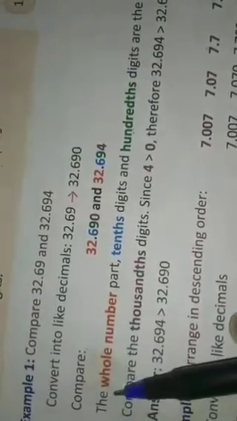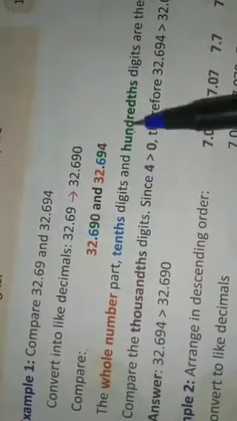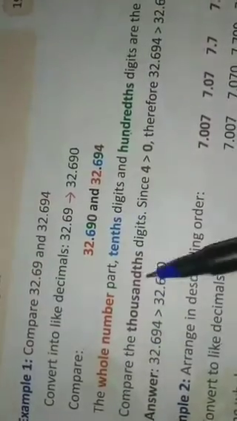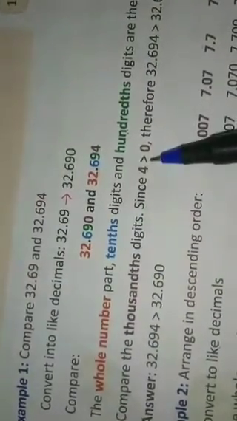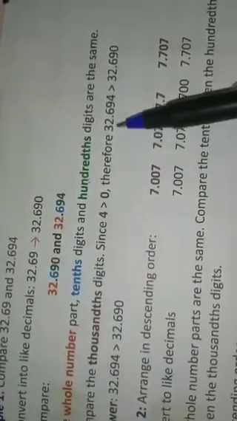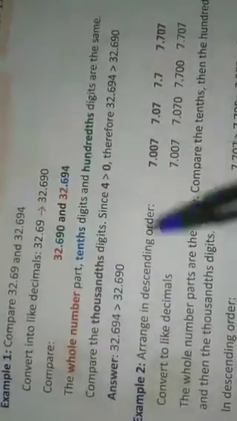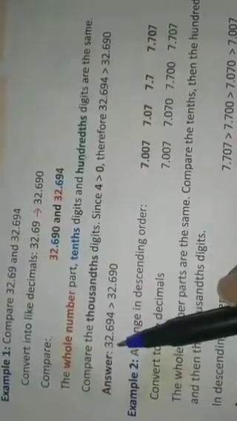Okay, so here the whole part, 10th digits and hundredths digits are the same. Compare the thousandth digit, since 4 is greater than 0, therefore 32.694 is greater than 32.690. So you can write the answer here: 32.694 is greater than 32.690.